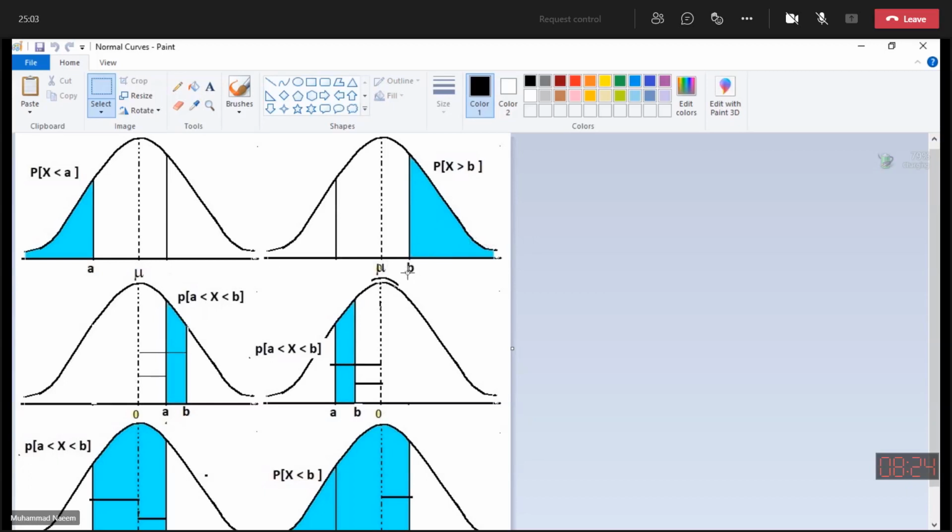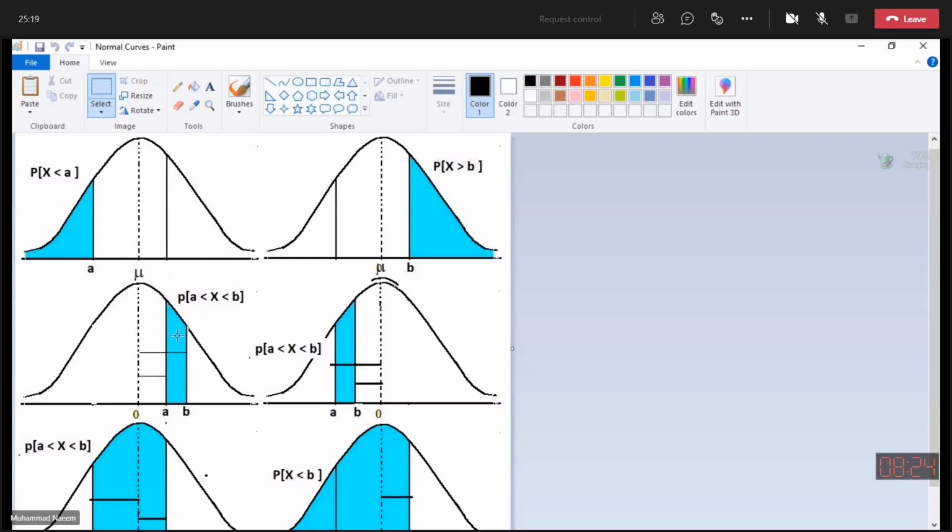So let's say this point B is here in right half. So the meaning of this probability for x greater than B is the shaded part as shown in this figure.